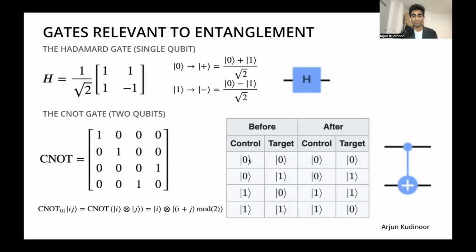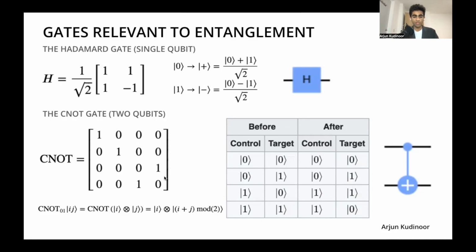So in this case, the target state is the same as the control state. The control always stays the same, and we send the target state to 0. Over here, the target state is different from the control state, so we send it to 1. Over here, the target state is again different from the control state, so we send the target state to 1, keep the control. And then over here, both of them are the same, so we send the target state to 0 and keep the control.